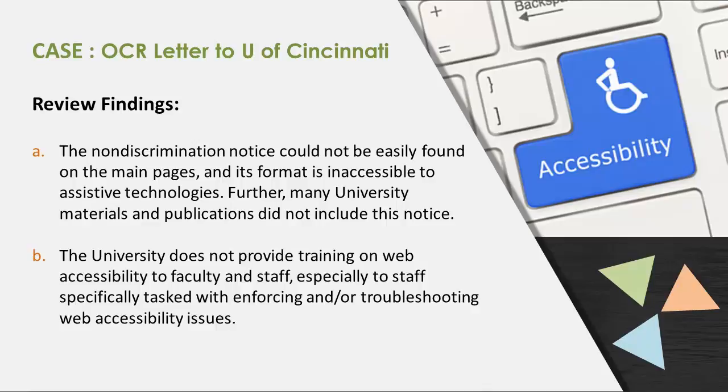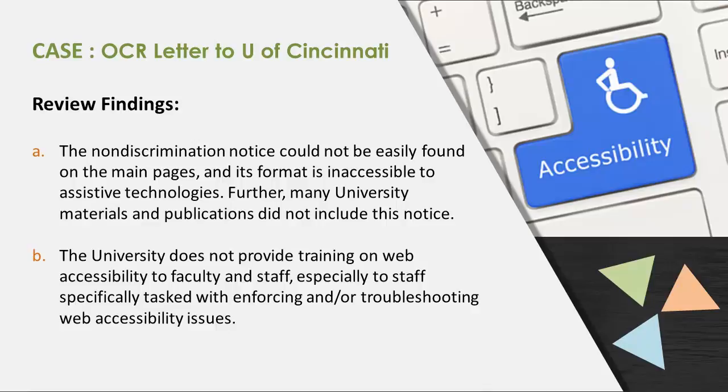So in this case, the OCR found that in the University of Cincinnati, the non-discrimination notice could not be easily found on their web page, and its PDF format is inaccessible to technologies. Further, many university materials and publications did not include this notice.